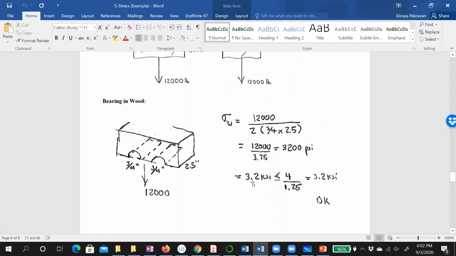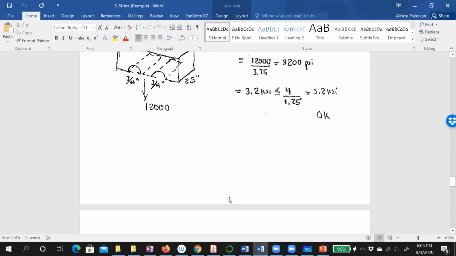So 3.2 equals 3.2. If it's equal, it is also acceptable for us, because the factor of safety is already one of the conservative values. If it's equal, you can accept it. Don't worry. In reality, in a project, maybe not, but in the class, if it's equal, that's okay.